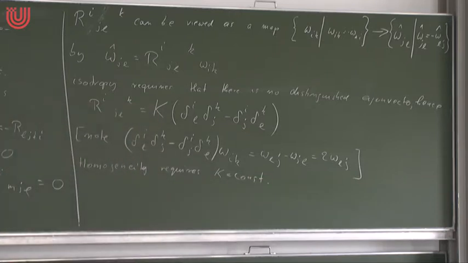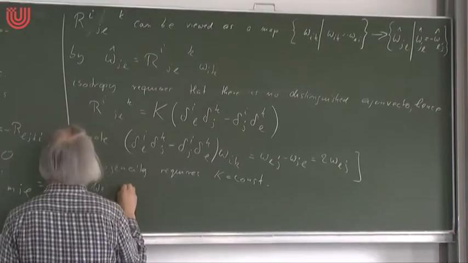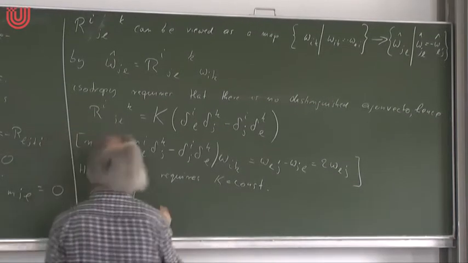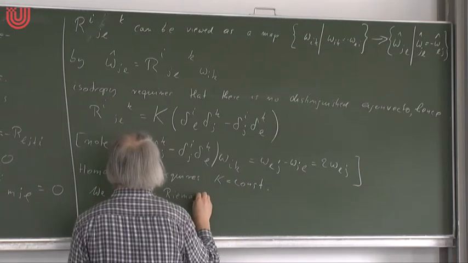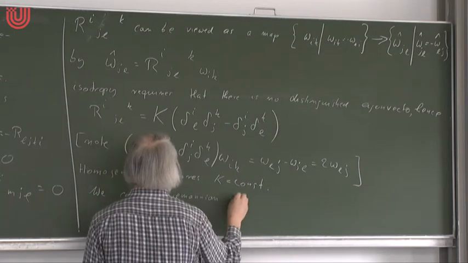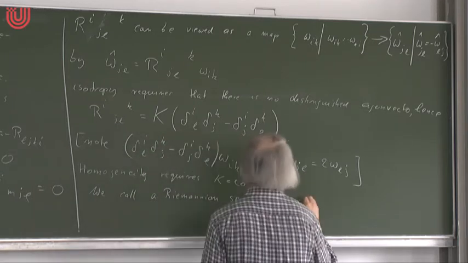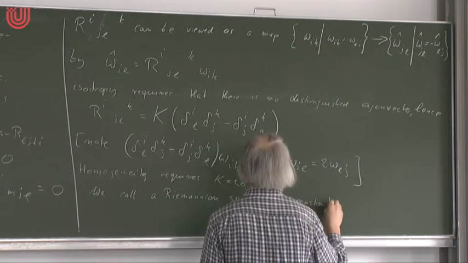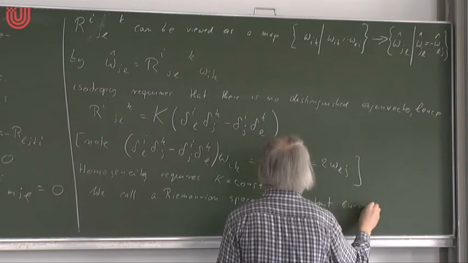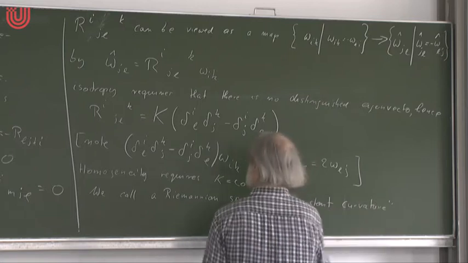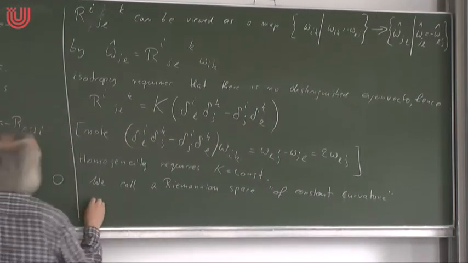And we call this a Riemannian space of constant curvature. That's the usual abbreviated terminology, if this equation holds with a constant k.